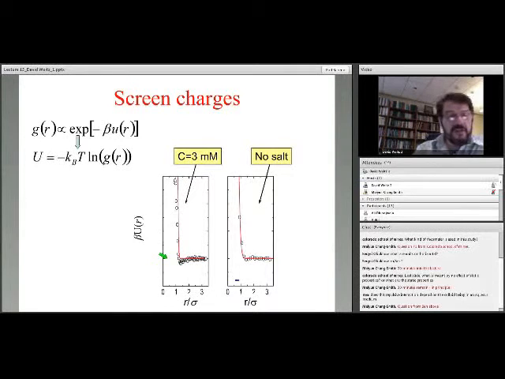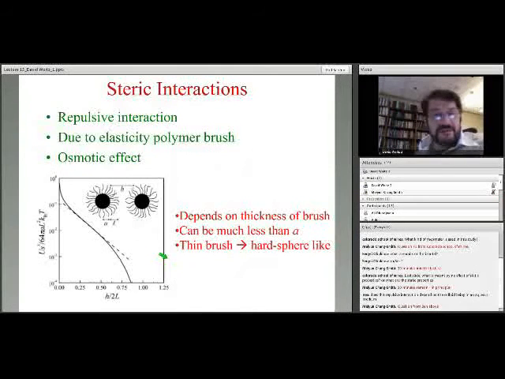And what happens if you don't have charge? If you don't have charge, you have to find some other means of having a repulsive interaction. The most common is to put a polymer brush on the surface of the particles. That is, you coat the particles with a thin layer of polymer. This is relatively non-dense polymer, and you have two particles each coated with this polymer brush.